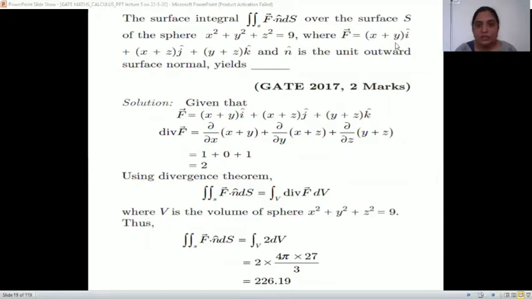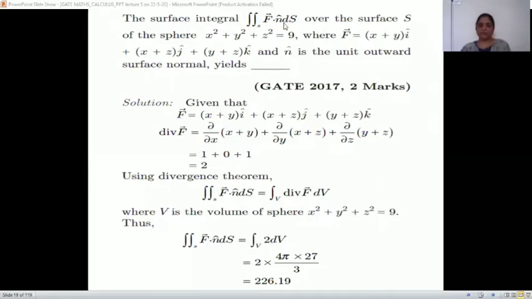We have been given F bar, and we are asked to find the double integration of F bar dot n cap dS.